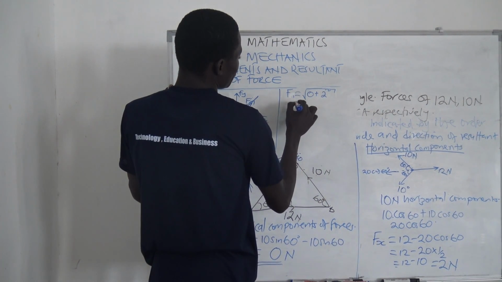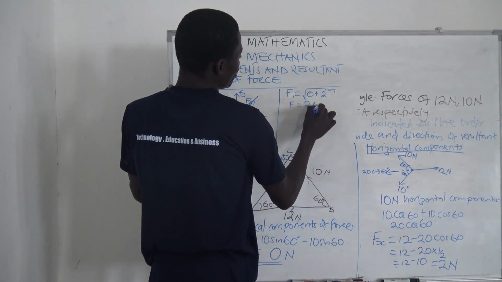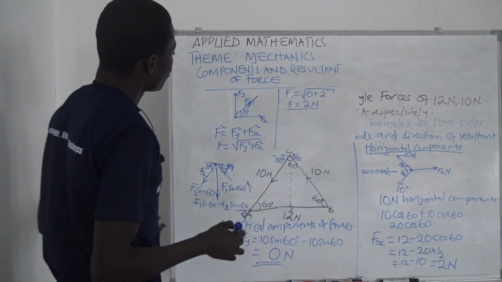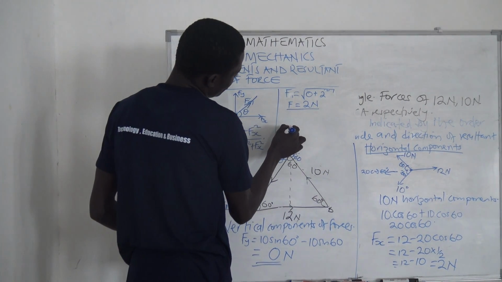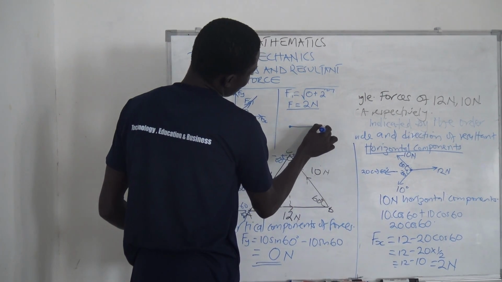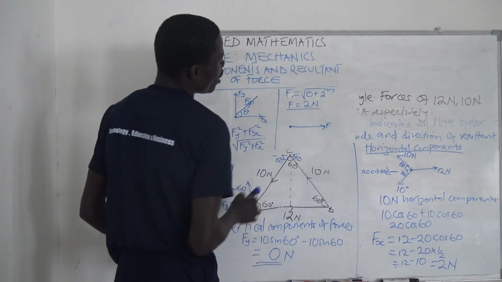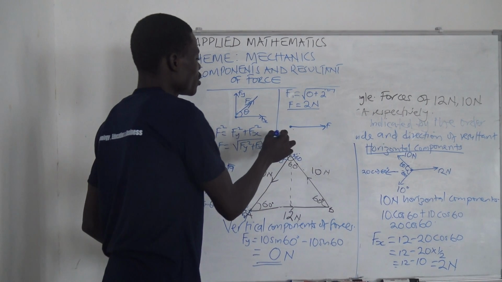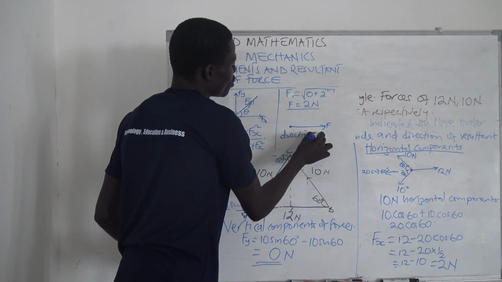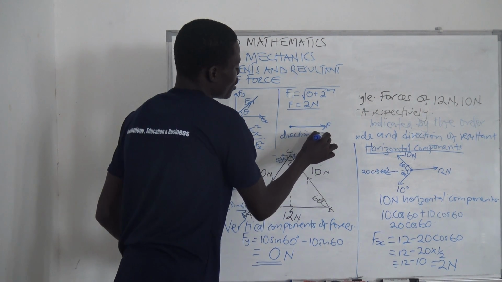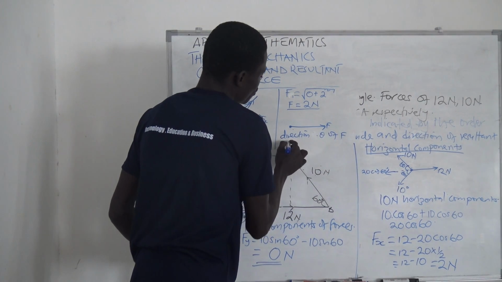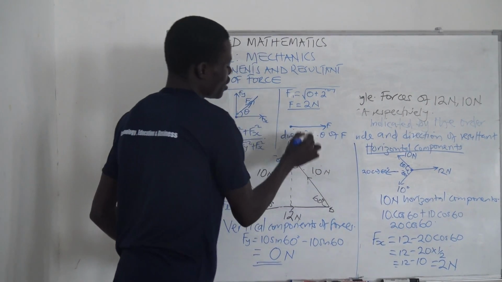This one becomes f equal to 2 Newton, implying that the resultant force is on the same line, which is the horizontal. So this angle is 0. So the direction theta of f is 0 degrees.